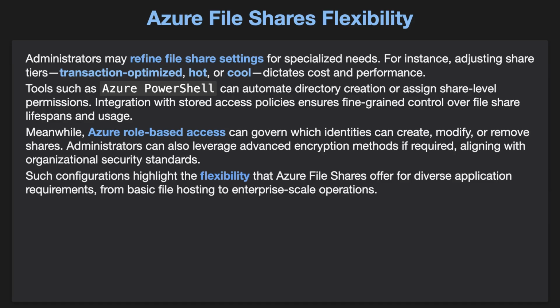Meanwhile, Azure role-based access can govern which identities can create, modify, or remove shares. Administrators can also leverage advanced encryption methods if required, aligning with organizational security standards. Such configurations highlight the flexibility that Azure File Shares offer for diverse application requirements, from basic file hosting to enterprise-scale operations.